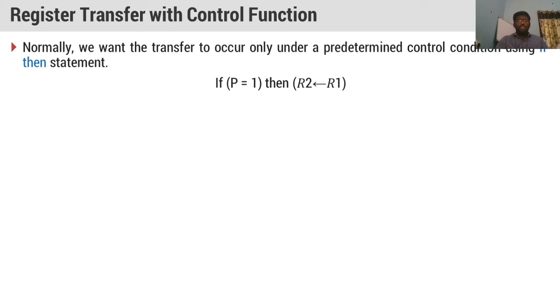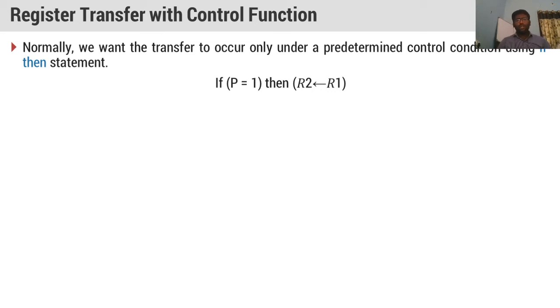What is that control signal? We can understand very clearly. Here the P value equals 1. See here, this P is a control variable. Either that P can indicate 0 or 1. So which unit is placing this 0 or 1 value in the variable P?